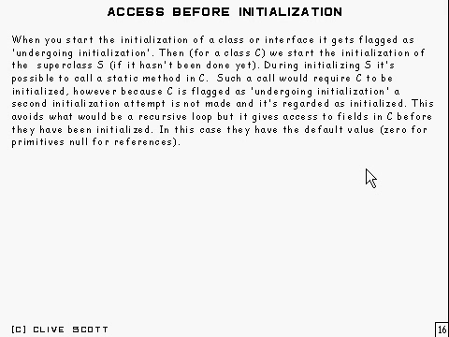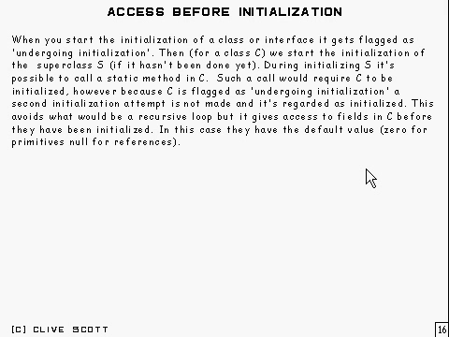Now this avoids what would be a fairly obvious recursive loop, where each class is trying to initialize the other class and never succeeding. But of course it can give access to fields in C before they've been initialized. In this case they have the default value, which will be 0 for primitives and null for references.